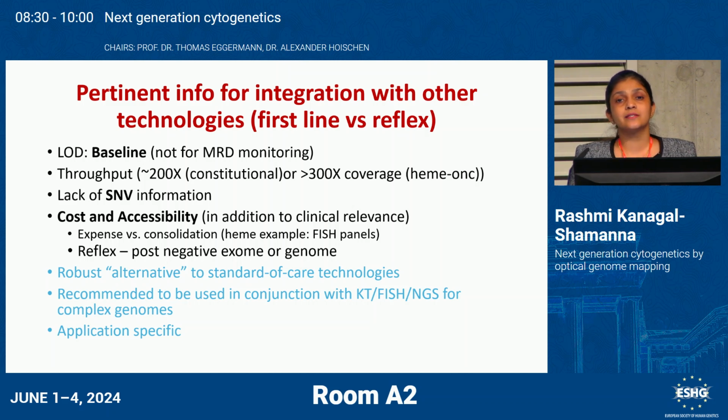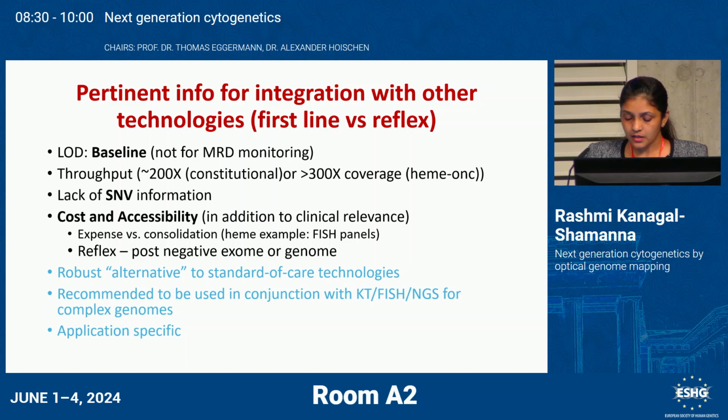Also, it is important to keep in mind the cost as well as the accessibility of OGM. And when we are integrating this in the context of other techniques, in addition to the clinical relevance, also keep in mind the cost effectiveness that the OGM brings. Because it's a genome-wide technology, panels and panels of FISH testing can potentially be replaced.